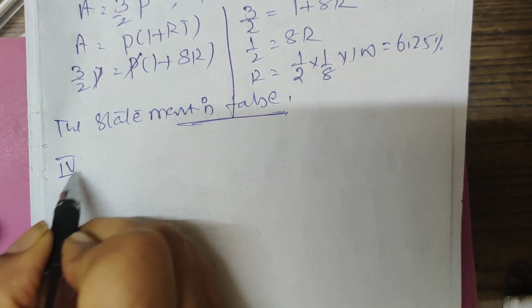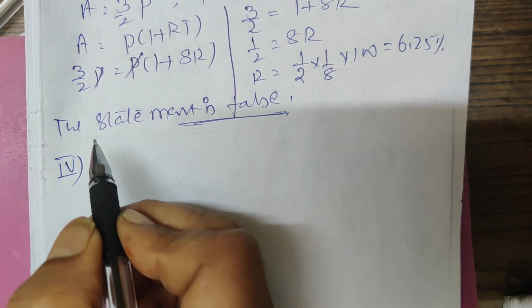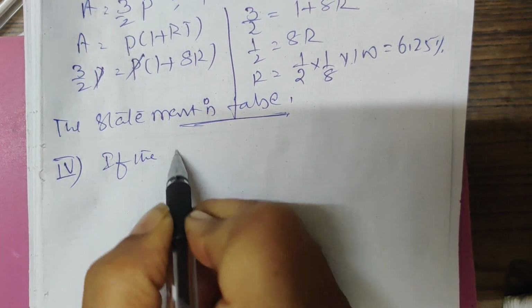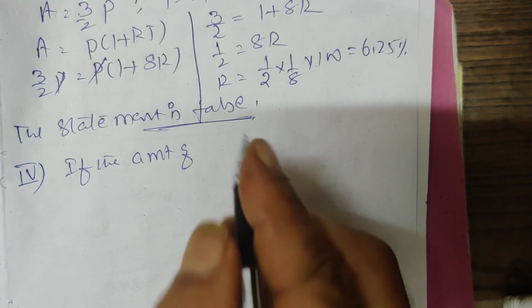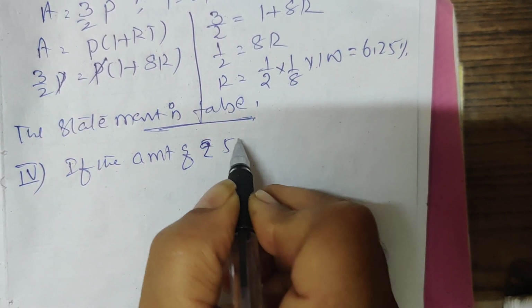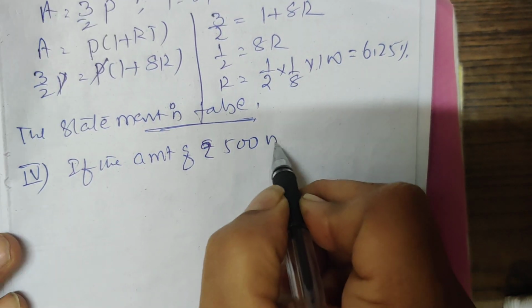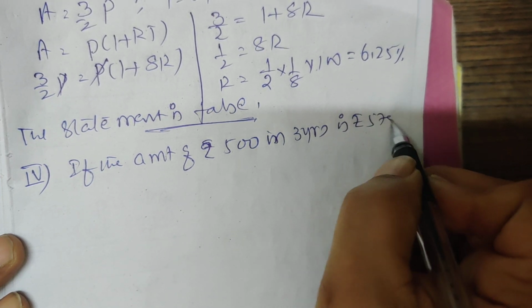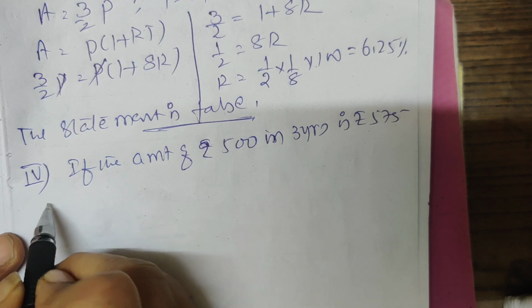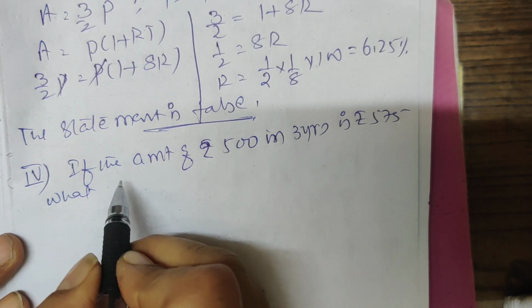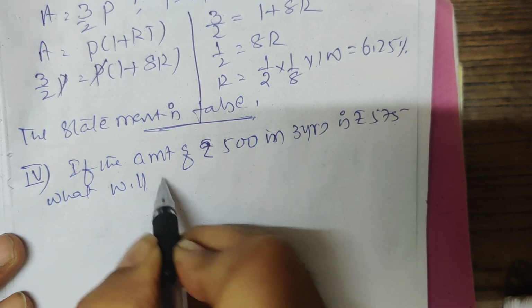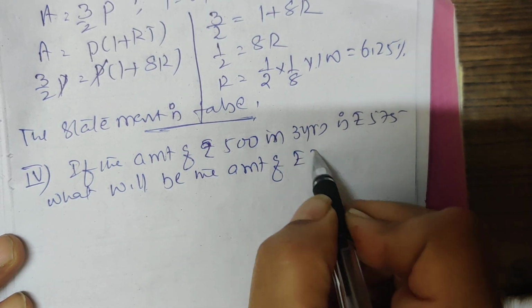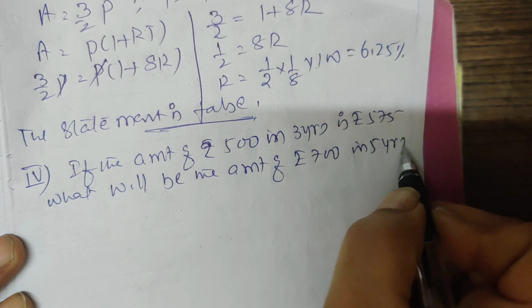Let us see the fourth model. If the amount of rupees 500 in 3 years is rupees 575, what will be the amount of rupees 700 in 5 years?